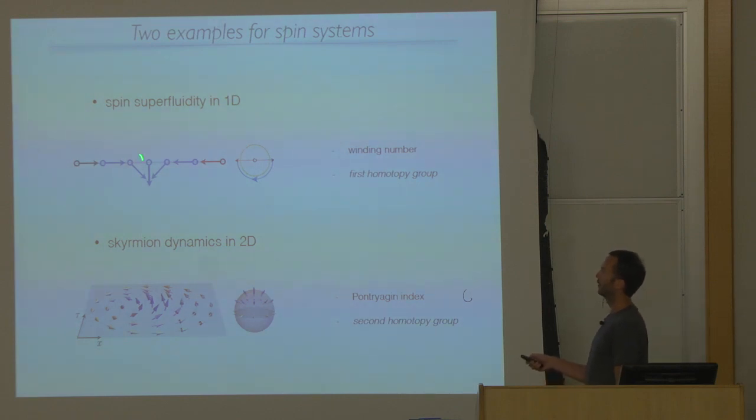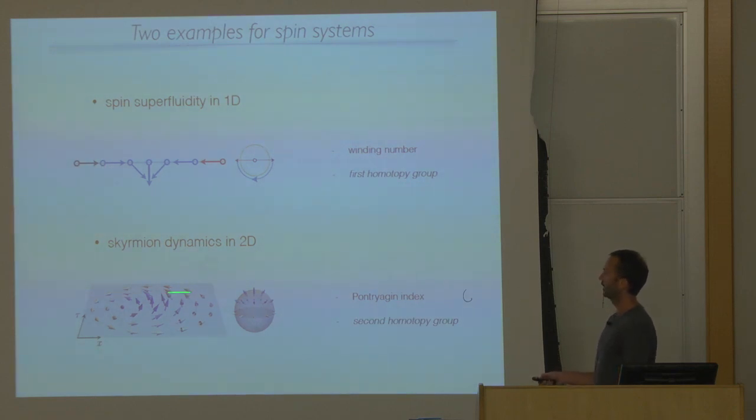Think of this as winding as you go from, let's say, left to right, and see how the spin orientation goes around the circle.